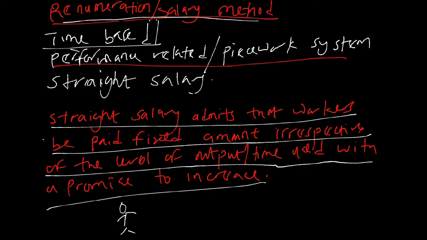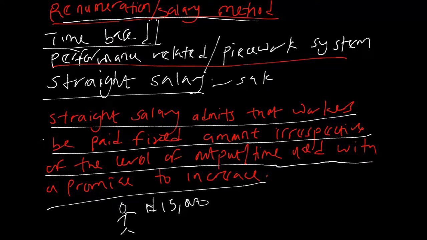It is just an agreement between the employer and the employee that I'll be paying you a fixed amount. For example, a worker collecting 15,000 naira monthly. So straight salary supports salary. That's why it's called straight salary.